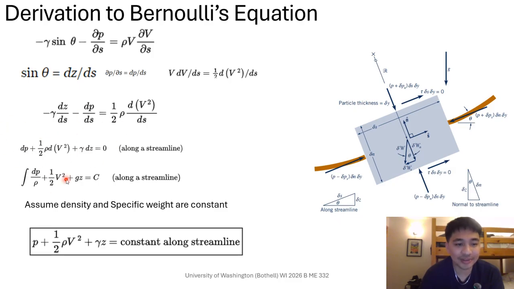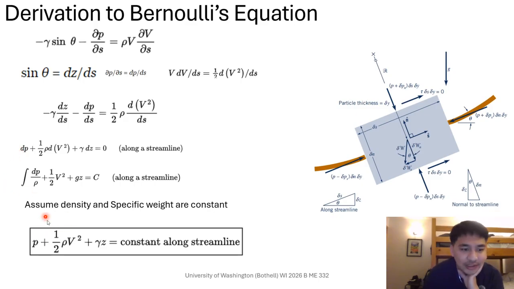Okay, and now this is when they take out the density, because you can see in each term there the density somehow, like specific weight is density times g. Density here, if you take out density in this pressure, you basically just put the density on the bottom.